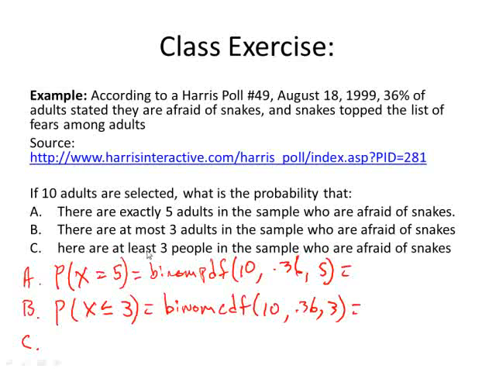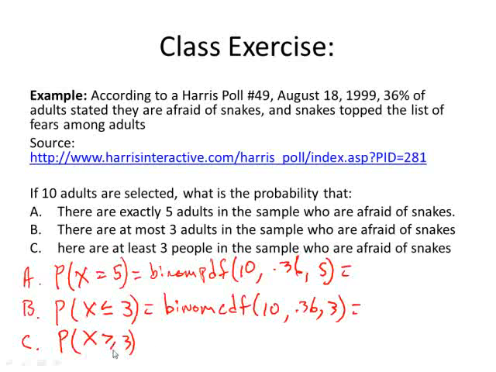Part C. There are at least 3 people in the sample who are afraid of snakes. So now we need to write this using random variable notation. Think about it for a second. There are at least 3 people. So using random variable notation, how can I write this? P of X greater than or equal to 3.